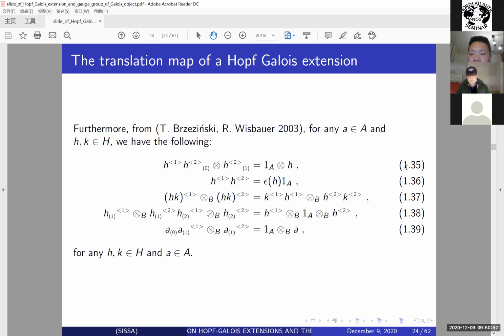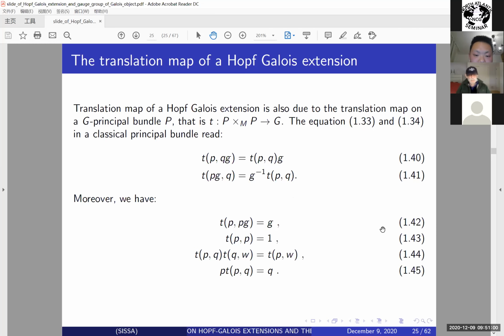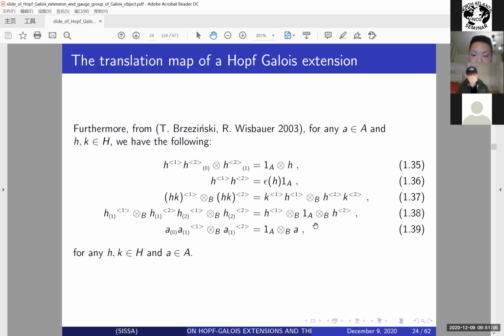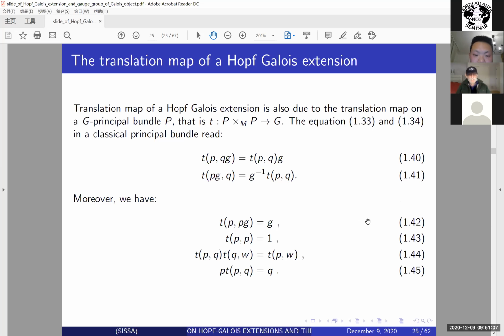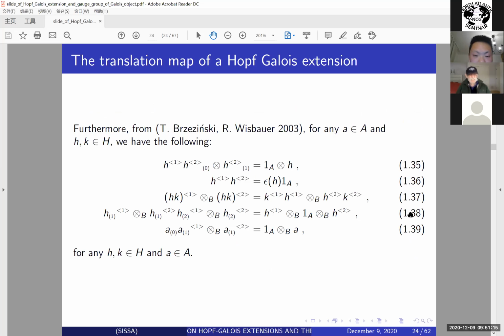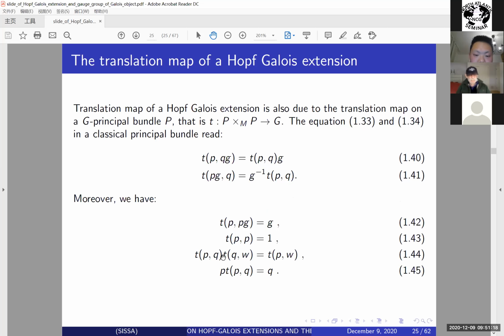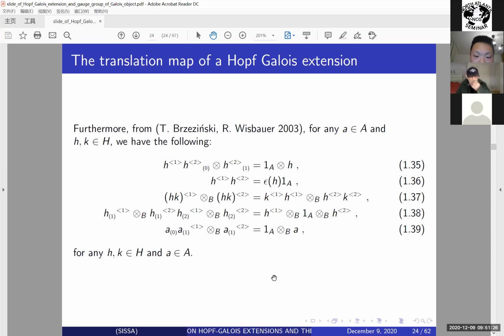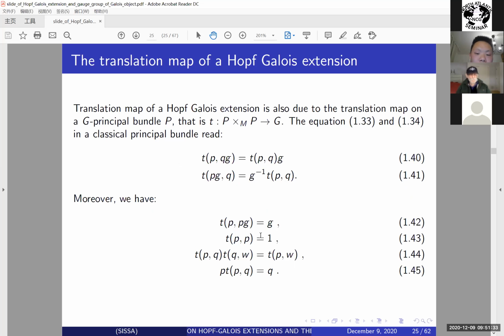For example, 1.35 reads in the classical case T of (P, Pg) equal to g, and 1.36 means T of (P, P) is just the identity because there is no difference between P and P, and 1.38 means T of (P, Q) times T of (Q, W) is equal to T of (P, W). And this is a very important equality. You'll need it for your Ehresmann groupoid. Yes, all of these properties are very important whenever you're doing the calculations on the Ehresmann-Schauenburg bialgebroid exactly.